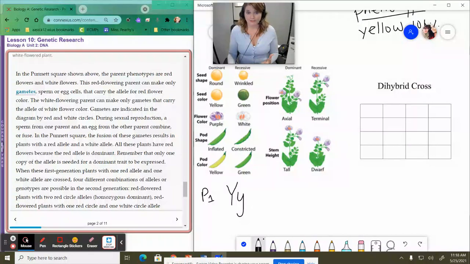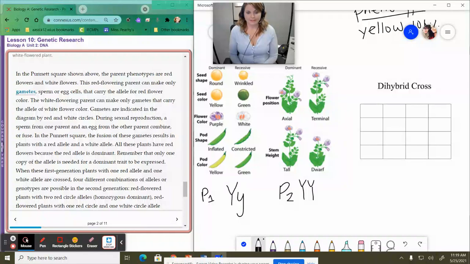He's heterozygous. It's just heterozygous for pod color. So has one allele for yellow pods, one allele for green pods. Remember, you can't mix the letters, so we use the capital Y for the yellow pod and the lowercase y for the green pod. Our second parent is homozygous dominant, so yellow pod all the way through, big Y, big Y.